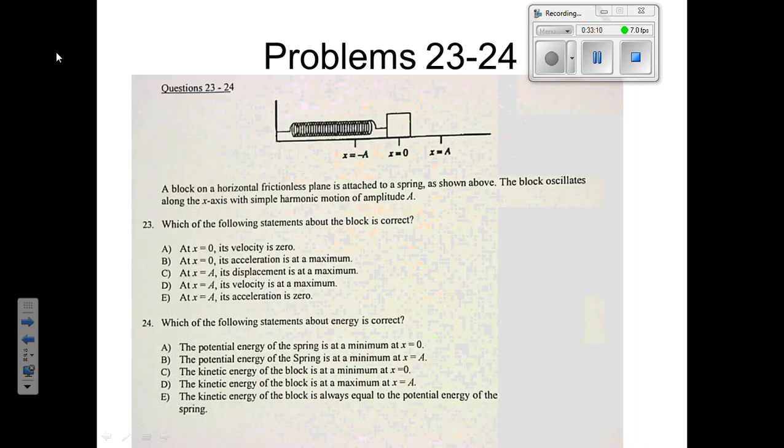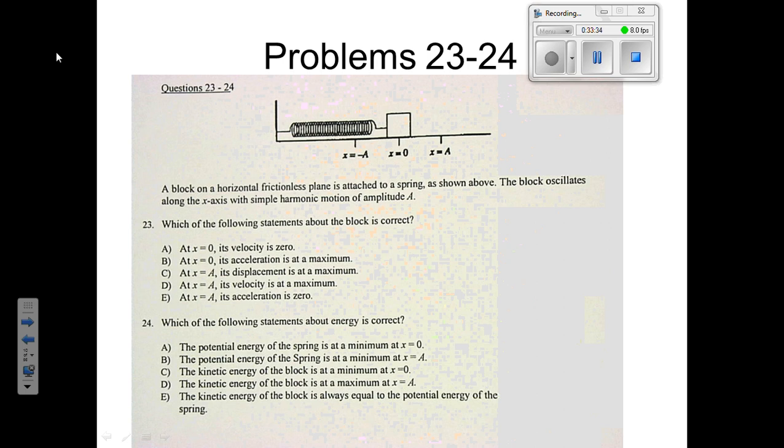All right, the next set is 23 to 24. A block on a horizontal frictionless plane is attached to a spring, as shown above. The block oscillates along the x-axis with the simple harmonic motion of amplitude A. Which of the following statements about the block is true?